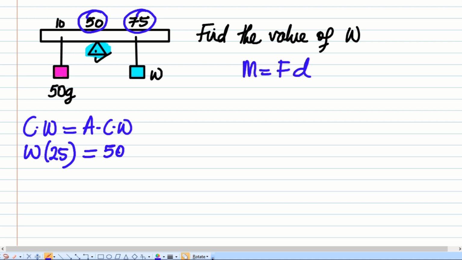All right, but if you're writing an exam, you may want to convert to weight. All right, because when we are taking moments, we use force, and that force is in Newton. This is in gram.